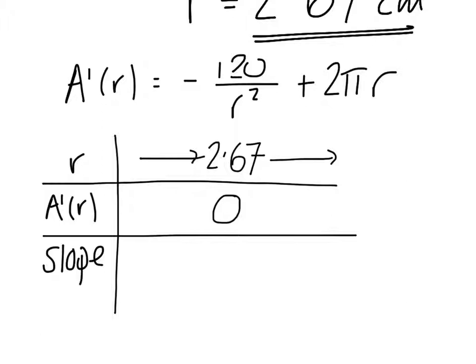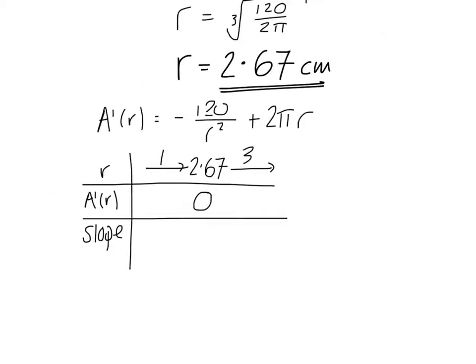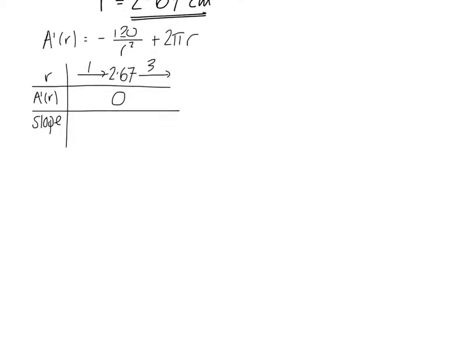Normally I would choose 0 before, but this time I'm going to choose 1, and the reason for that is we have r squared on the bottom, which means if we choose 0 we will get something that is undefined. So we'll choose 1 instead to keep things simple. We then need a value higher than 2.67, which we'll make as 3.